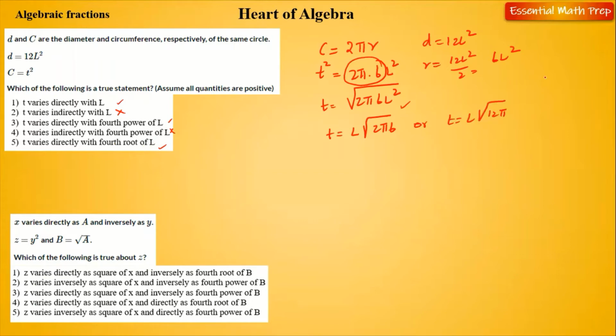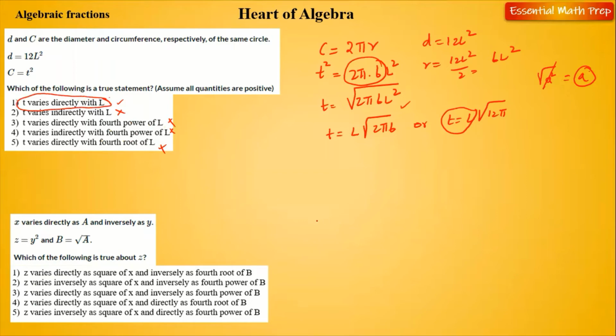Why? Because if you take the square root of a square, then it becomes just A. We apply that logic here. So we know T equals L, so it's directly related and it's also linear. It's not squared, it's not fourth root or any of that stuff. So all of these are incorrect, which means T varies directly with L.